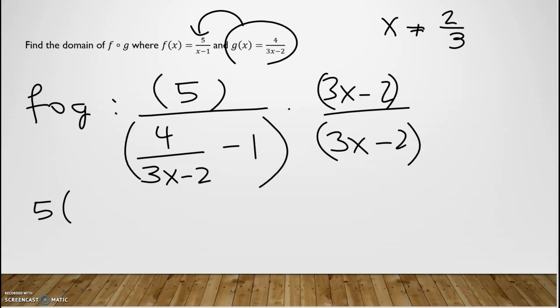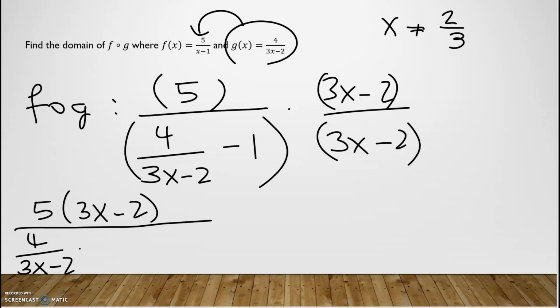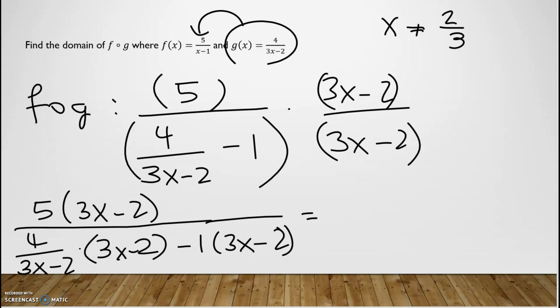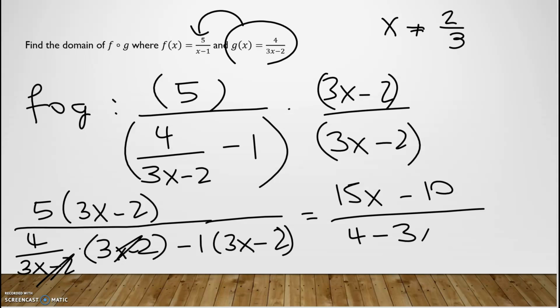So we'll have 5 times 3x minus 2, then 4 over 3x minus 2 times 3x minus 2, and then minus 1 times 3x minus 2. Okay, so we'll have 15x minus 10. These will cancel, and I'm left with 4 minus 3x plus 2.